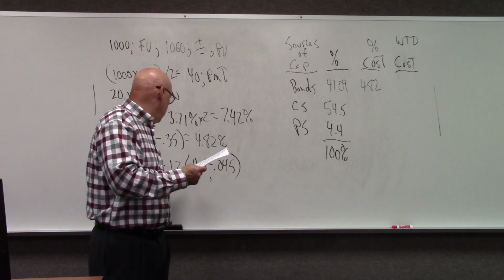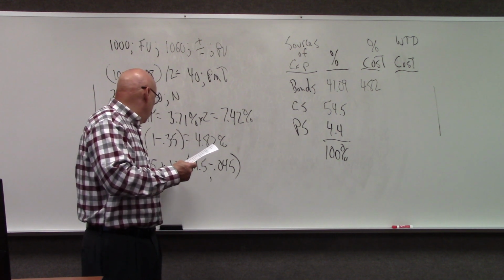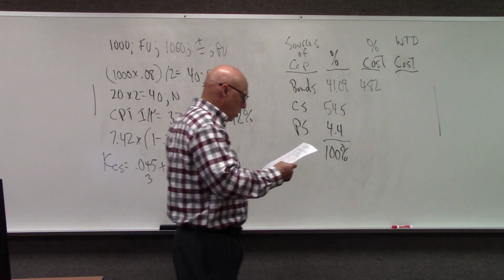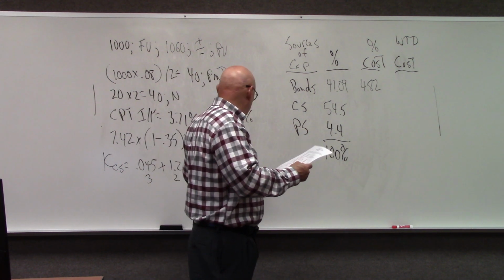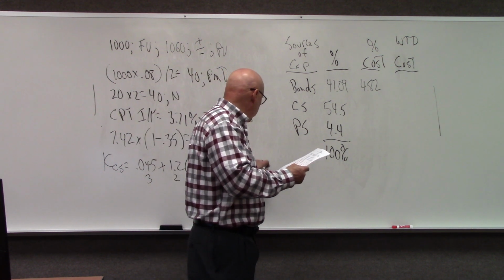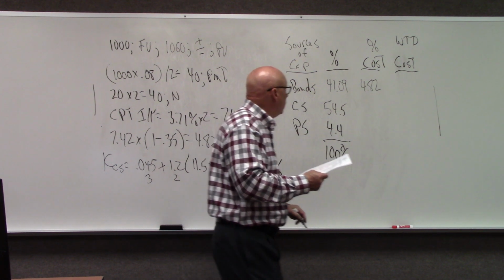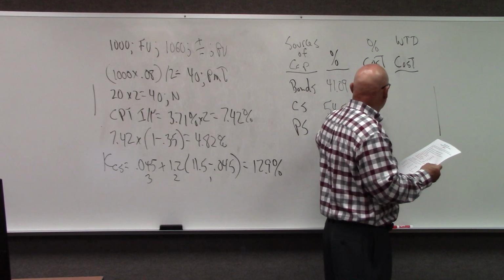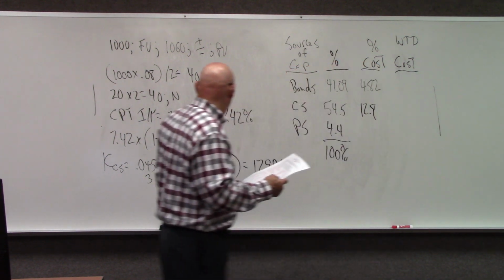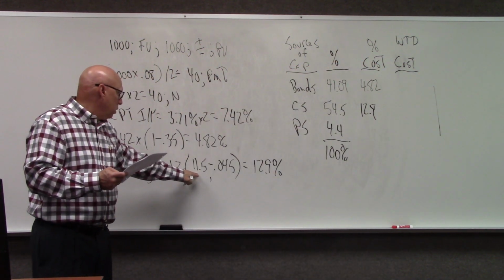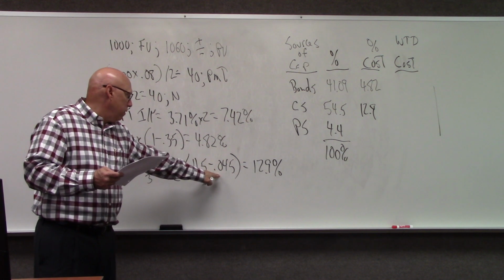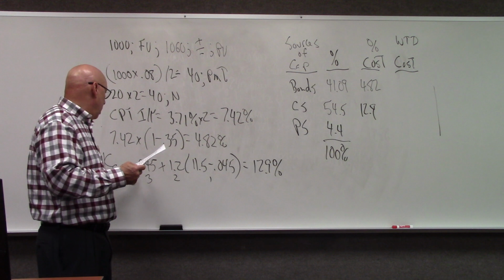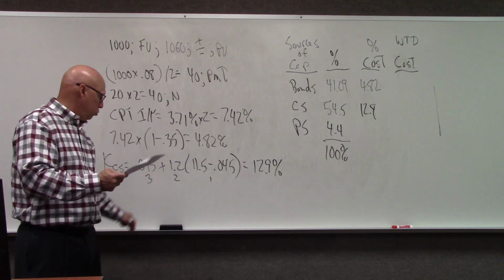So we do that first, this second, this third, and we get 12.9%. So 11.5 minus 0.045 times 1.2 plus 0.045 equals 12.9%.